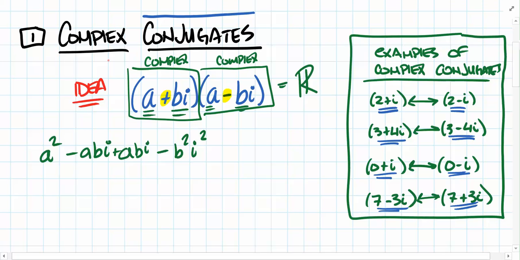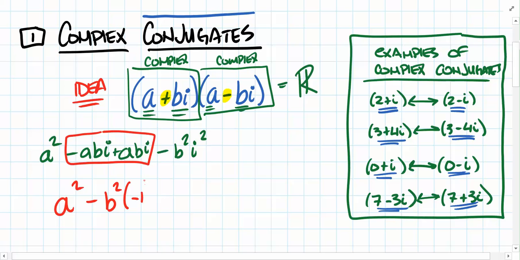This is really, really cool. Notice that all this stuff in the middle cancels out because negative abi plus abi is gone. So I have a squared minus b squared times negative 1, because i squared is worth negative 1. So the negative b squared times negative 1 just gives you a squared plus b squared.